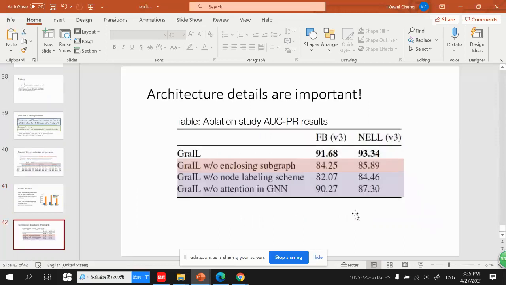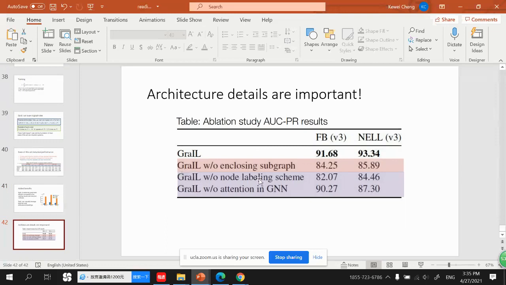Another experiment is conducted to investigate the role of different components of their architecture. We can see that the enclosing subgraph and the no labeling schema are very important for their model.